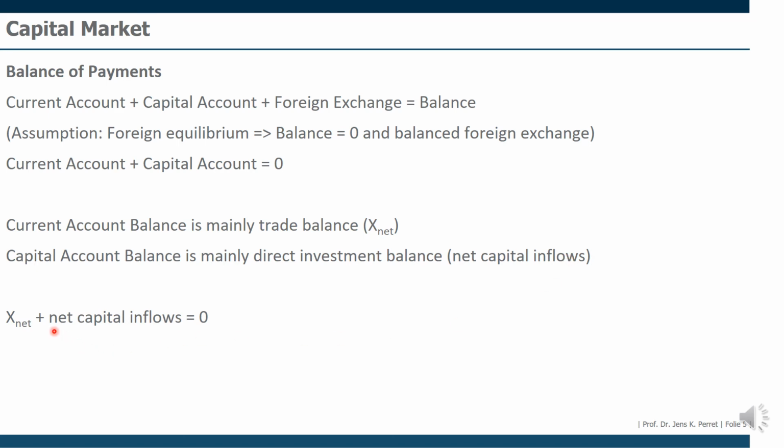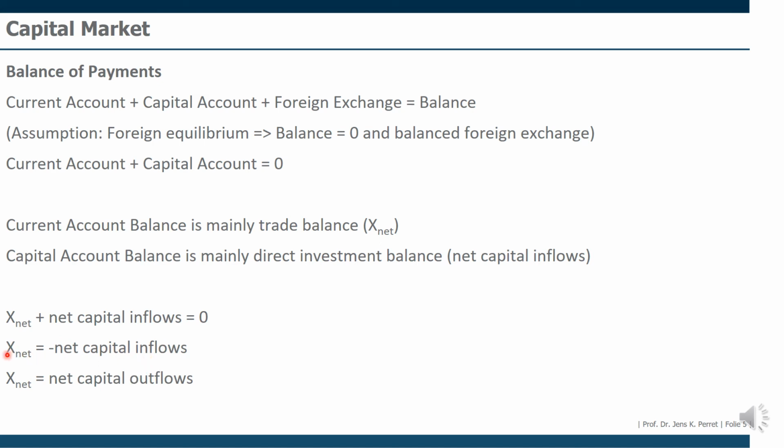And what we then can do is simply bring the net capital inflows to the right. This will read as net exports need to be equal to negative net capital inflows. Well, net capital inflows with a minus in front is nothing else than net capital outflows.